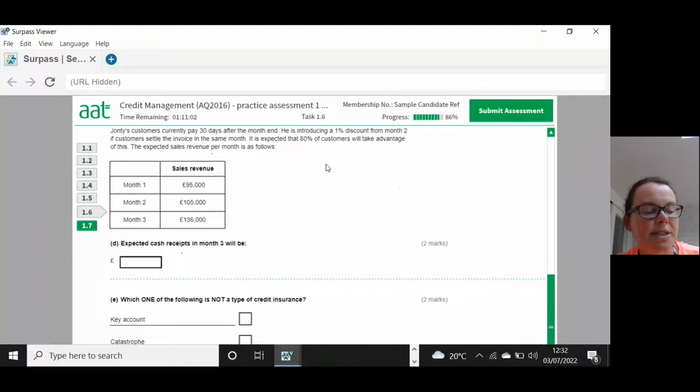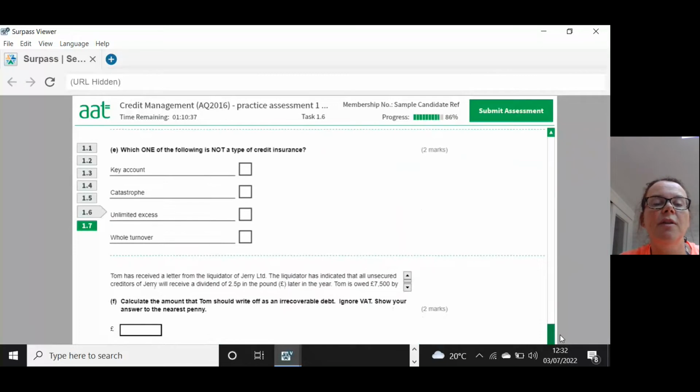That gave me 107,712. And then I would get 20%, the ones that didn't take advantage in month 2, so 20% of 105,000 with no discount. So that gives me 21,000. Add that together and we get 128,712.